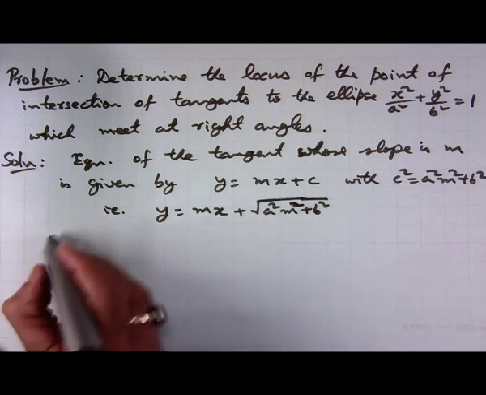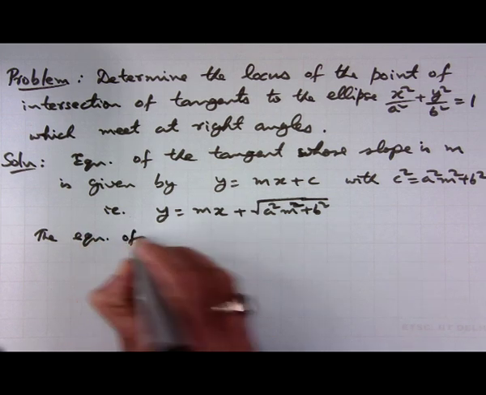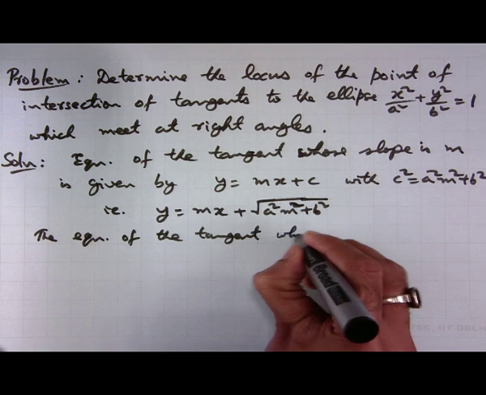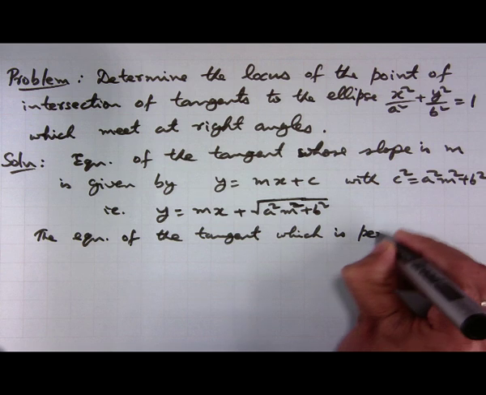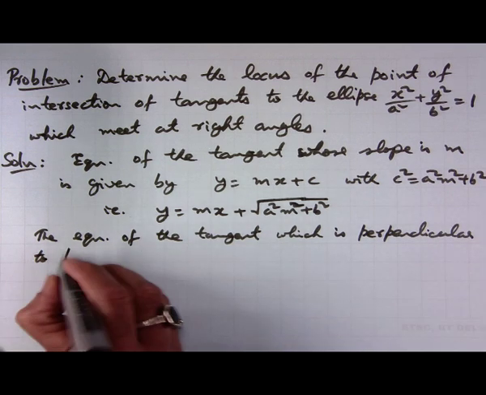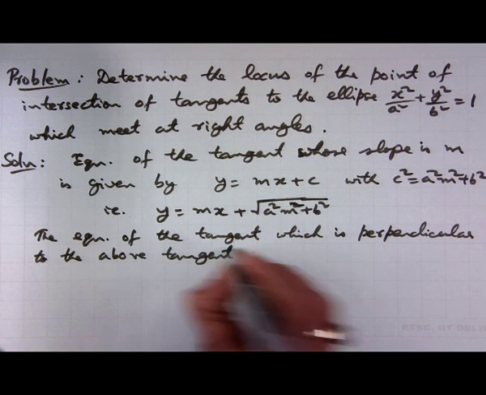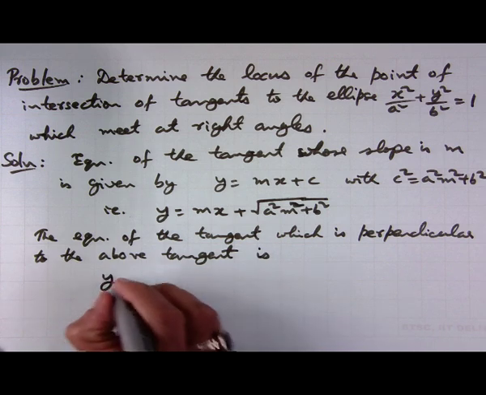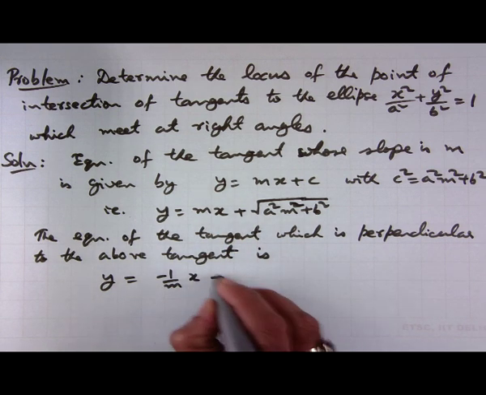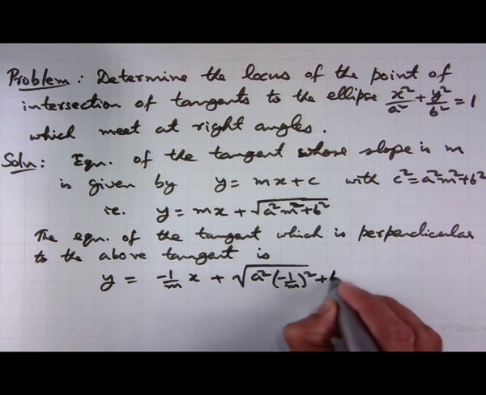So, the equation of the tangent which is perpendicular to the above tangent is y equal to, so the slope should be minus 1 by m, so minus 1 by m times x plus square root of a square times minus 1 by m square plus b square.